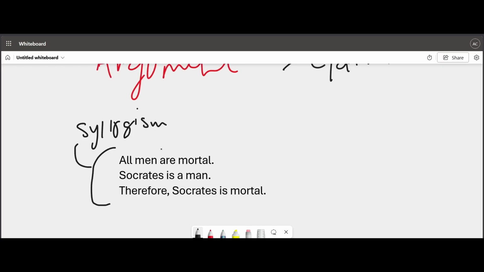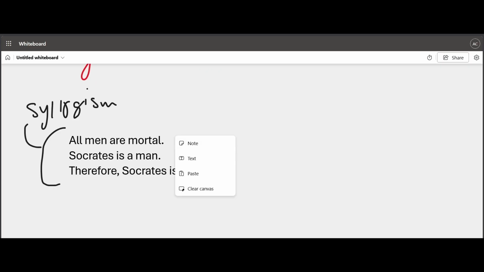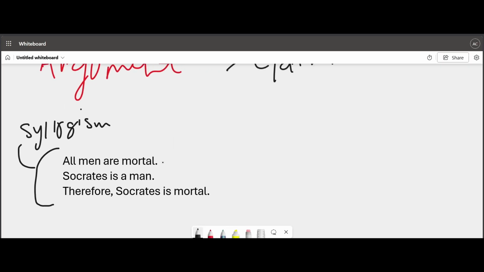So let's analyze the first statement here. All men are mortal. Okay? And that's true. That is the first claim. That is the first premise. By the way, when I say premise, I'm still referring to claims.